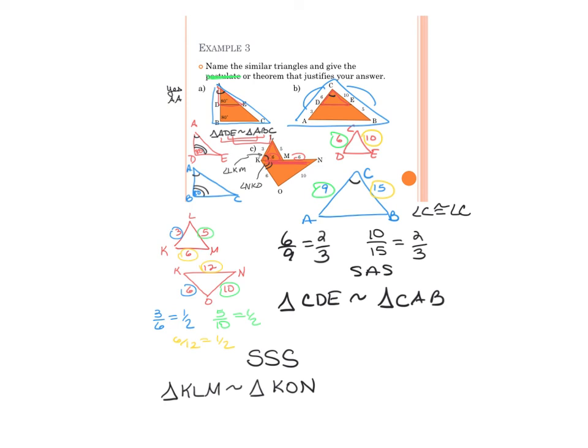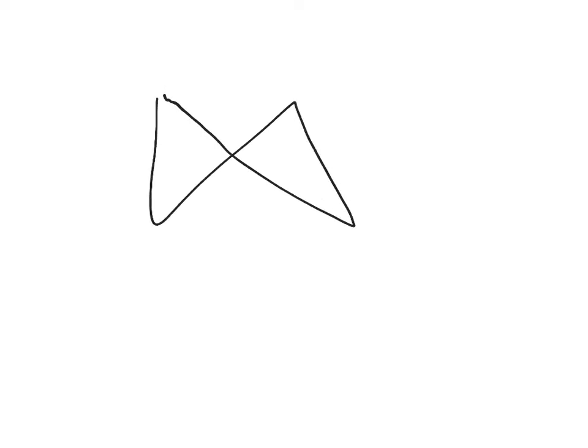You're welcome. All right, let me add two more examples just to reinforce this. Let me draw what looks like a bow tie. And I'm going to add numbers. So 5 and 8, 6 and 10. Now, at first glance, you're thinking, oh, maybe this is because I've got the vertical angles.